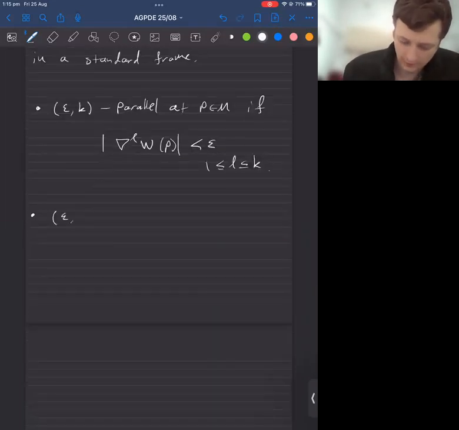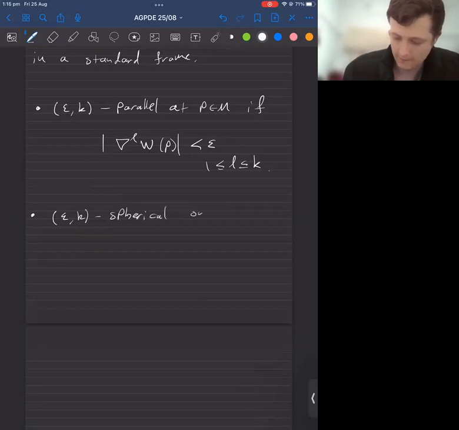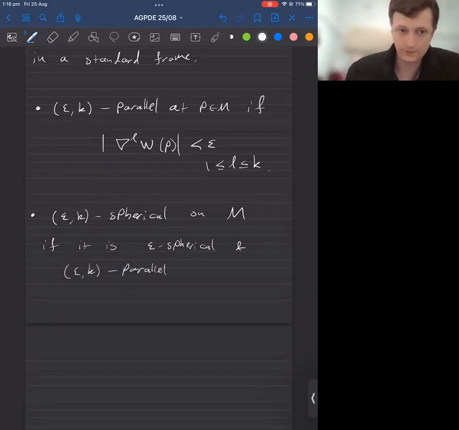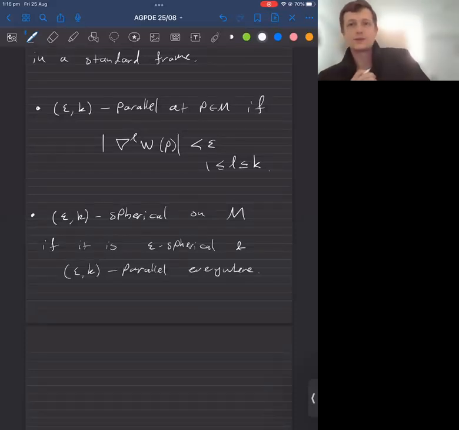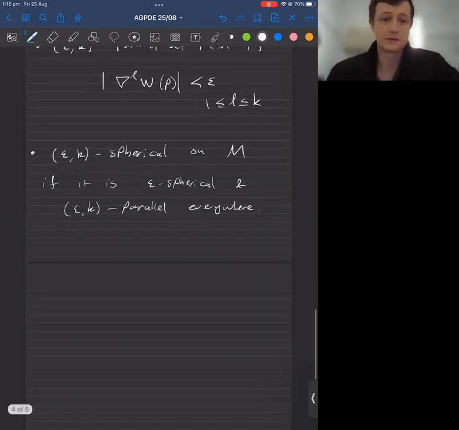And then we want epsilon k spherical on M if, well, the obvious happens, if it is epsilon spherical and epsilon k parallel everywhere. Okay, so you want it to be very close in the C^k norm to the Weingarten map of the sphere.